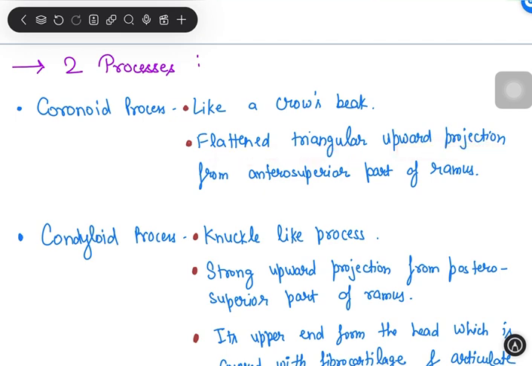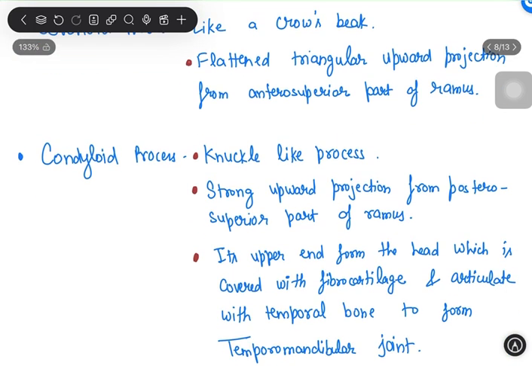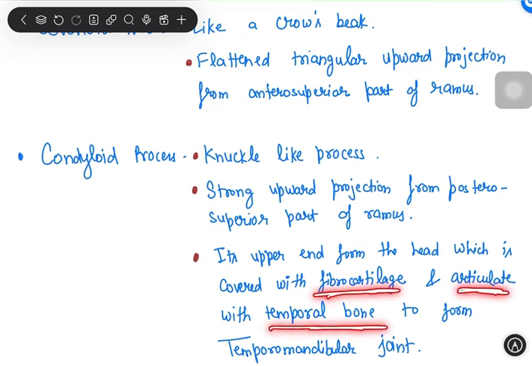And the condyloid process is a knuckle-like process, and it is a strong upward projection from the posterior superior part of the ramus, and its upper end forms the head, which is covered with fibrocartilage and articulates with the temporal bone to form the temporomandibular joint.